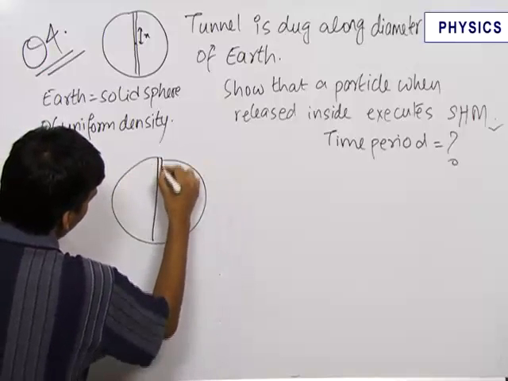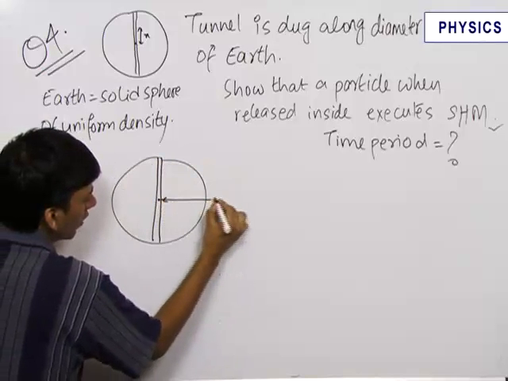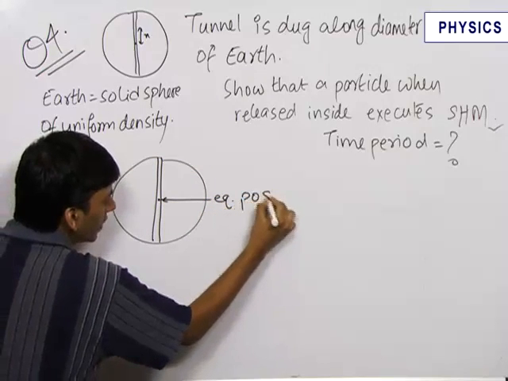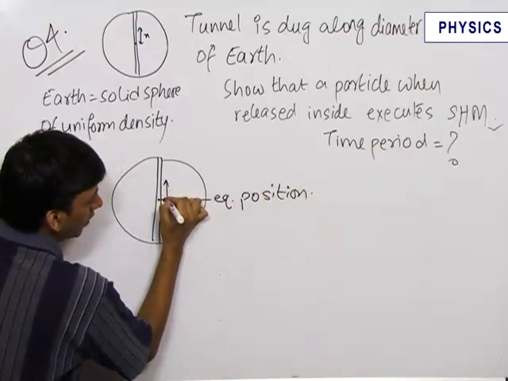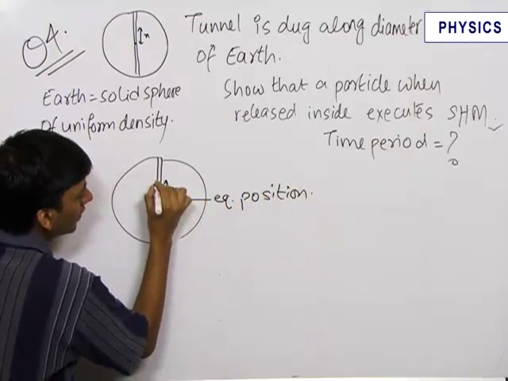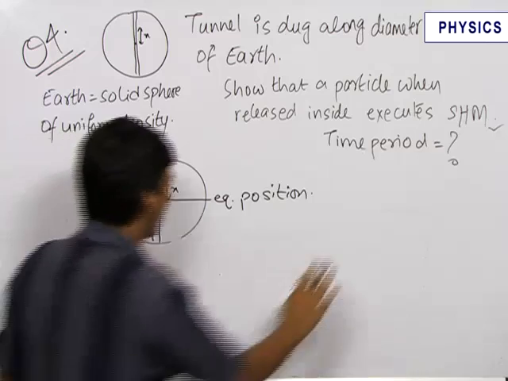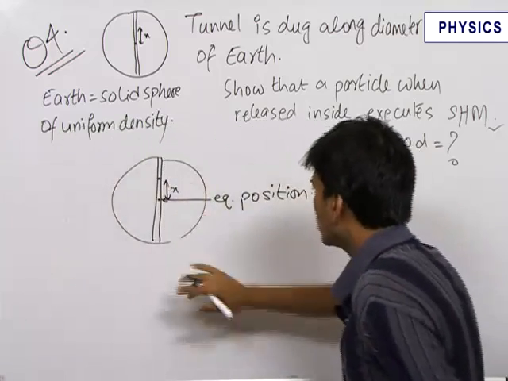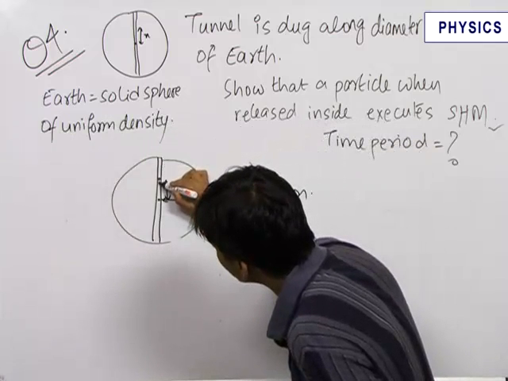This is a tunnel along the diameter of the earth, and this is the equilibrium position of the particle. We first found out the equilibrium position. Now let us displace the particle from the equilibrium position by a distance x upwards. We can do it for downwards also, there is no problem in that. So we need to find out the restoring force.